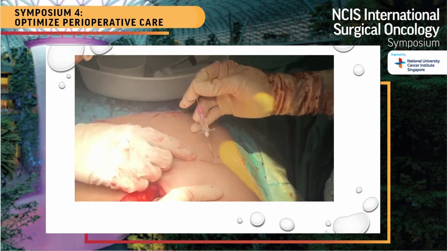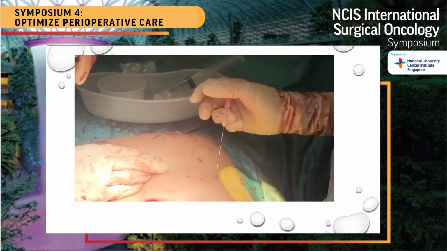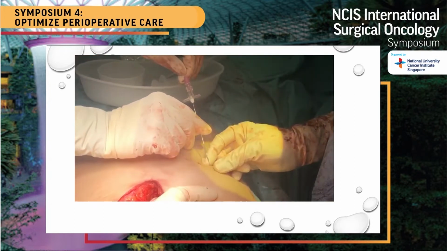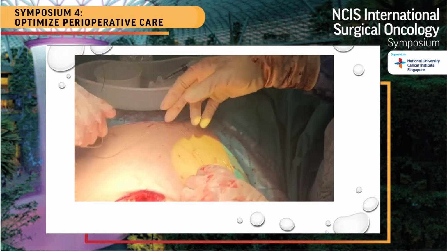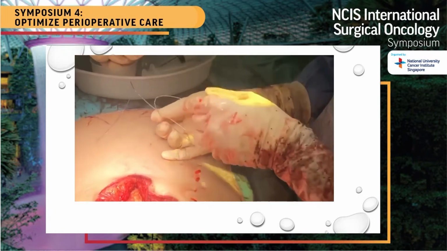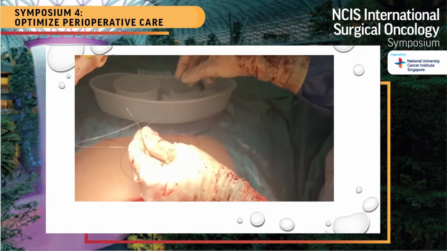And then we withdraw the needle. It is normal for the catheter to curl inside the pre-peritoneal layer and to retract slightly as the needle is withdrawn, but bear in mind the catheter only has 3 holes at the tip.